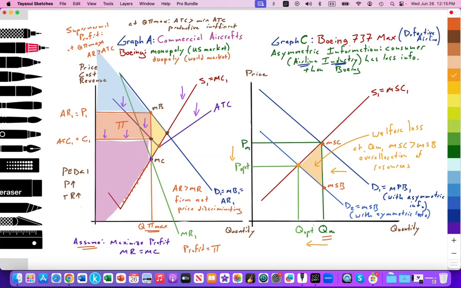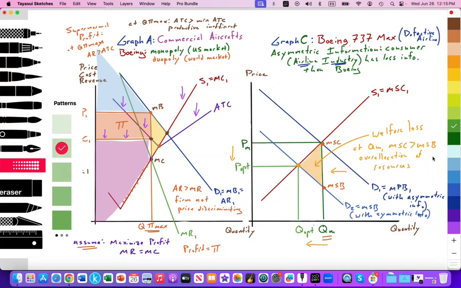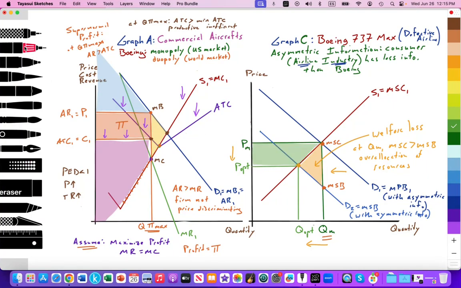We can also see in this model how Boeing, by knowingly providing these defective aircraft, was able to gain additional producer surplus. That additional producer surplus is this area here. That additional producer surplus and profit is going to Boeing at the cost of providing these defective aircraft and leading to all these spillover impacts to society.